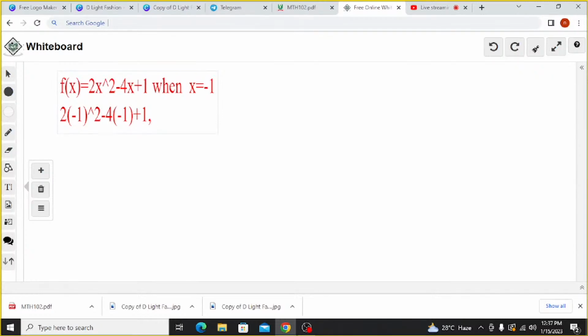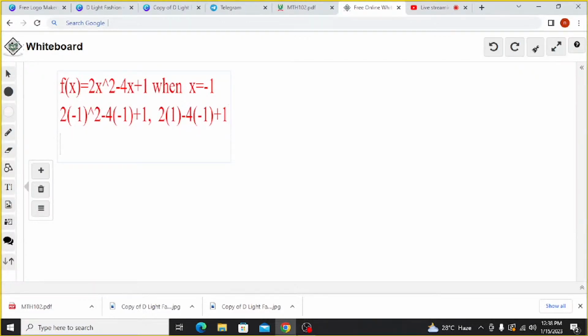So this one is now equal to 2(1), because -1 multiplied by -1 is 1, plus -4 times -1, plus 1.